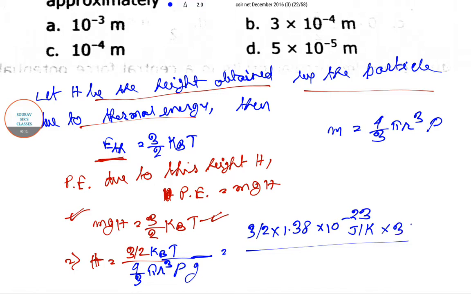T is given, this is 300 Kelvin, divided by 4/3, pi is 3.14, into r cube.